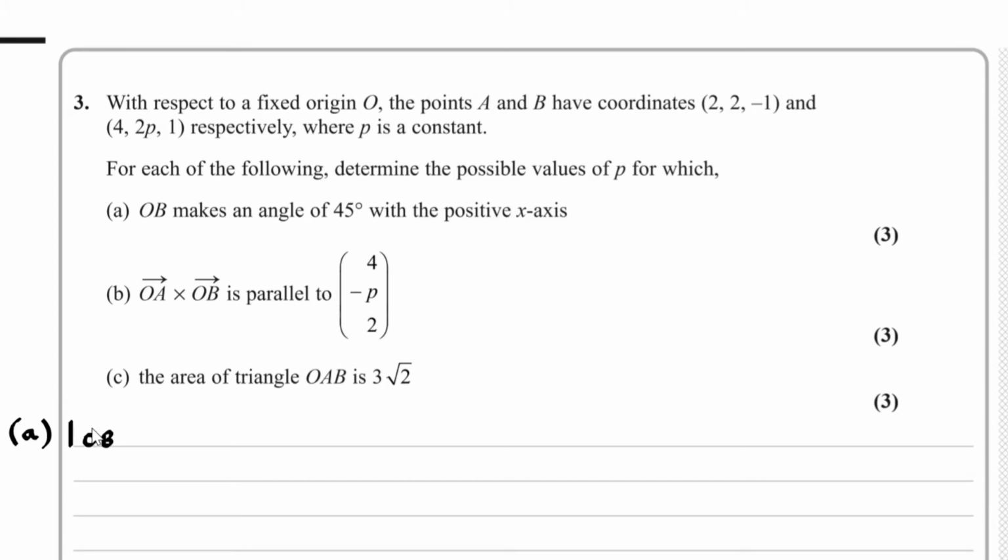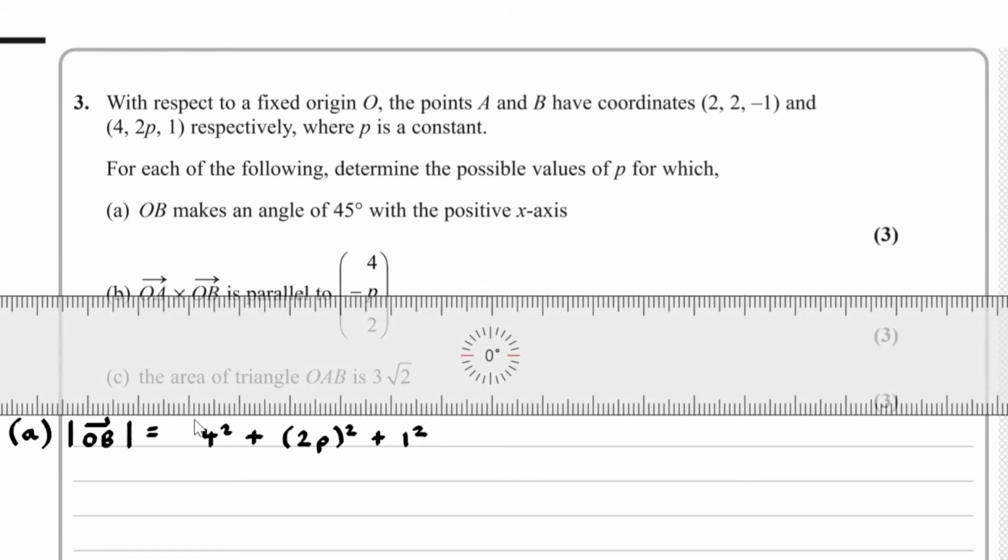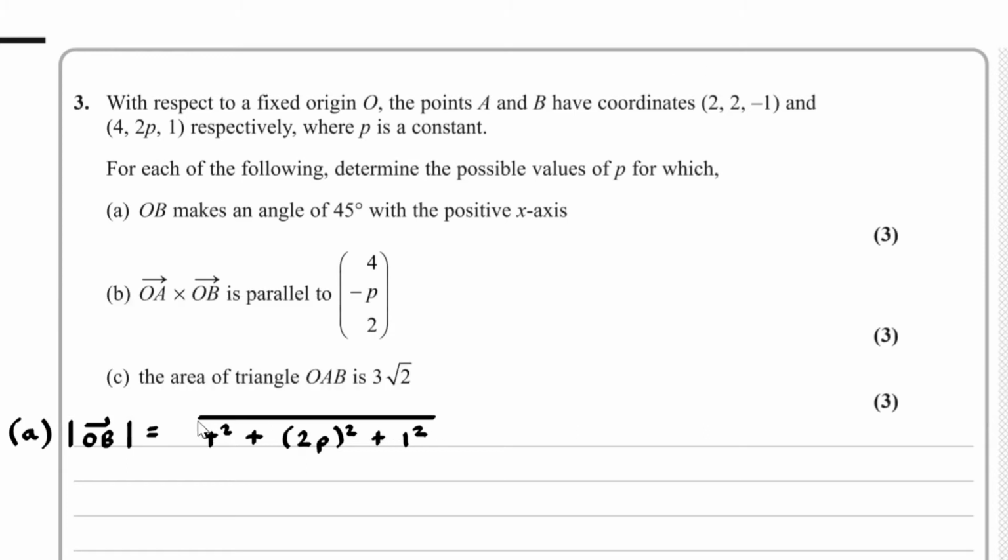So the magnitude of the vector OB, well, we have 4 squared plus 2p squared plus 1 squared, then this is square rooted. 16 plus 1 is 17, and then we add on 4p squared.